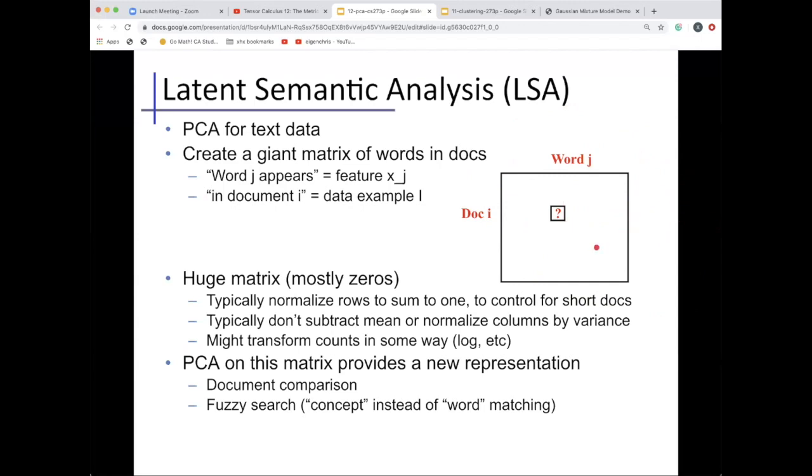So the idea is, can we project this document from this very large dimension of words representation into a lower dimensional representation? One way of doing this is using principal component analysis to project them into a lower dimensional space. Once you project into the lower dimensional space, you can carry out a lot of other analysis.